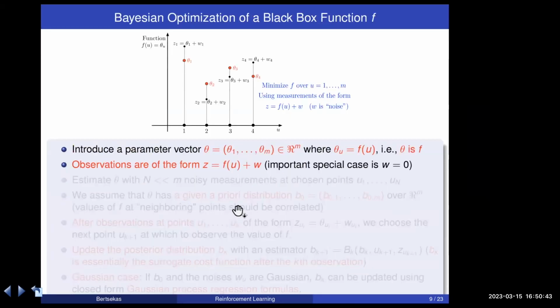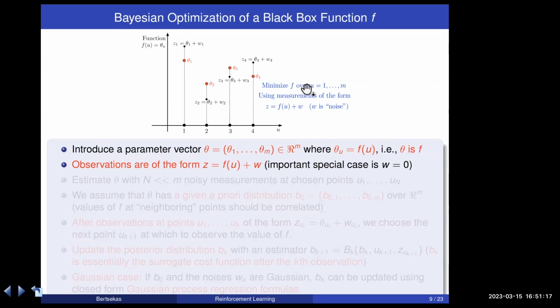Okay, so now let's talk about Bayesian optimization. It's a form of surrogate optimization. We have a black box function, a function which is not known, but we can obtain its values at various points, perhaps with some noise, at some substantial cost. So here we introduce a parameter vector theta, which has m components.